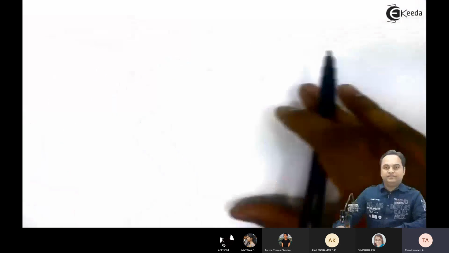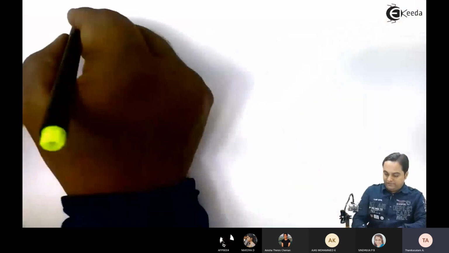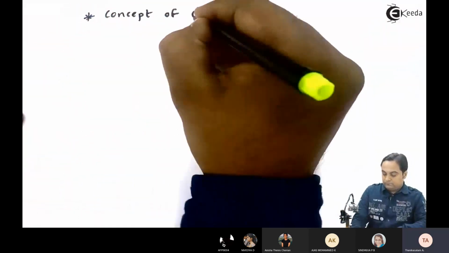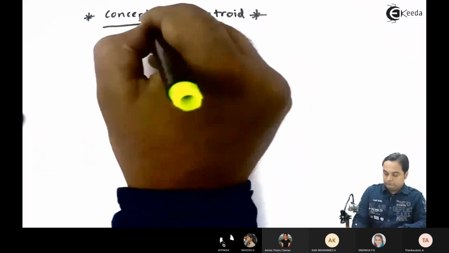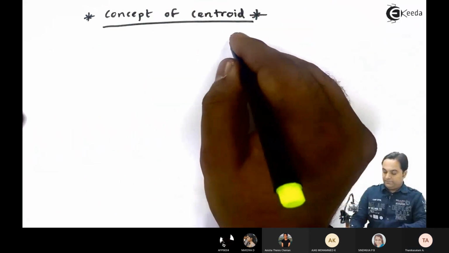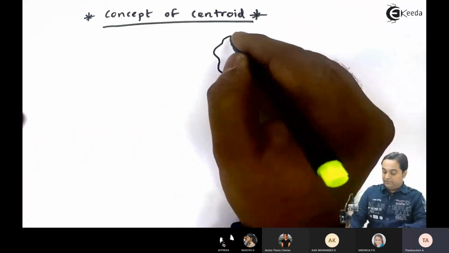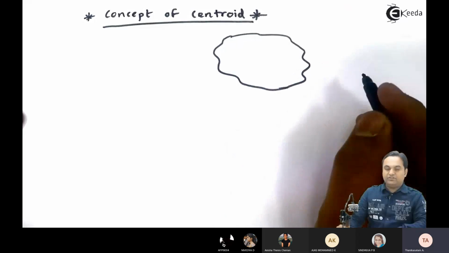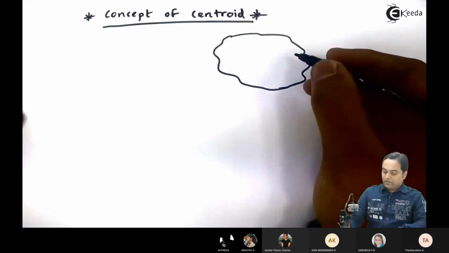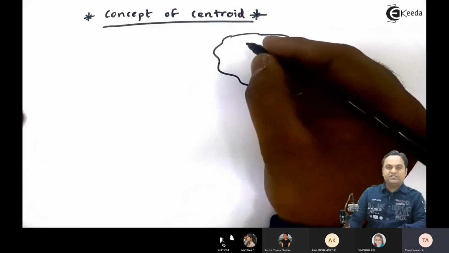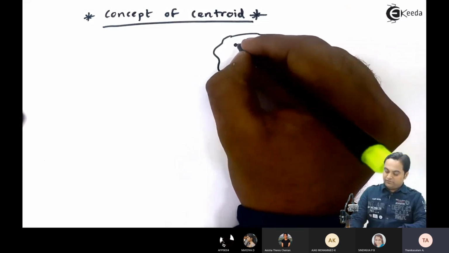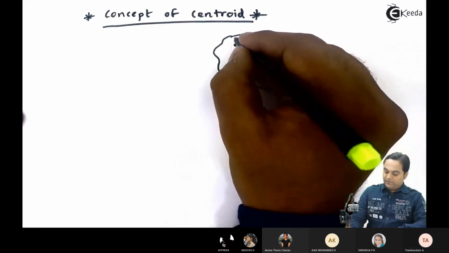Now let me draw a diagram which will explain the concept of centroid. Let me consider a plane figure which is of any general shape. Now this figure which I have consists of small areas.